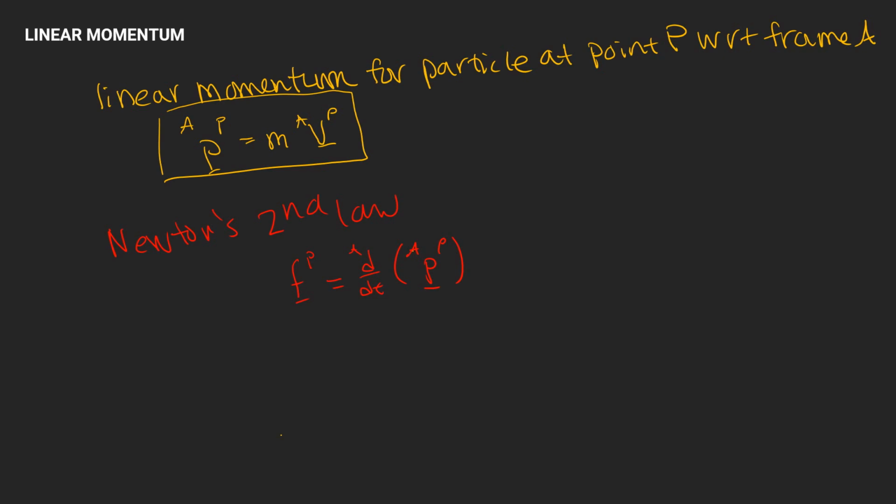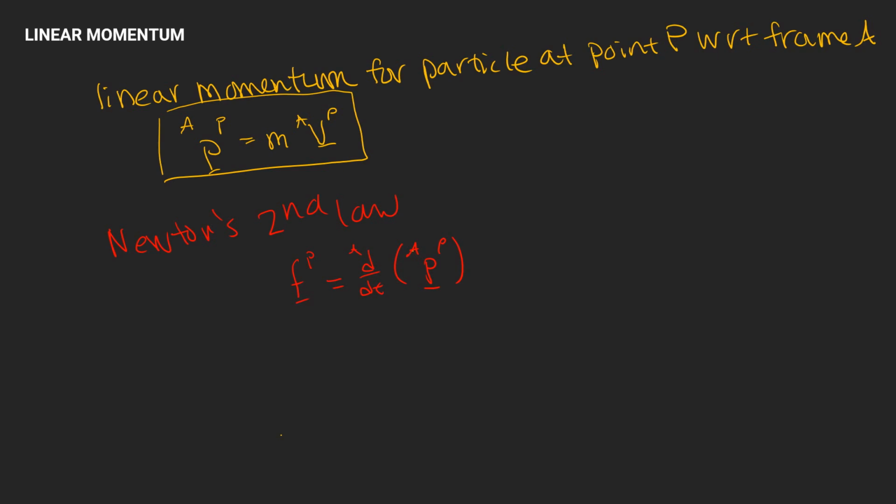And so we write force as a vector quantity here. Force doesn't get a little letter up at the top, and that's because it's written with respect to a fixed frame, but it doesn't actually matter what that fixed frame is. Okay, so this is Newton's second law.